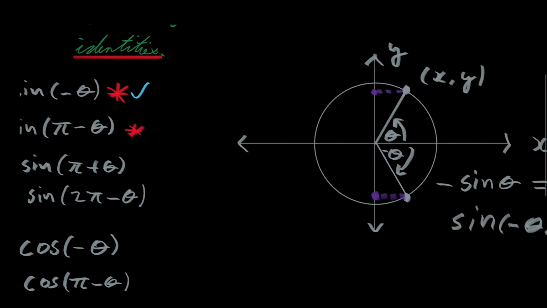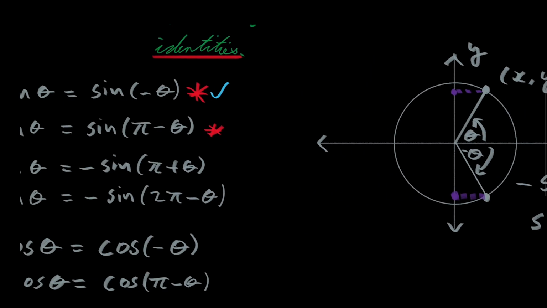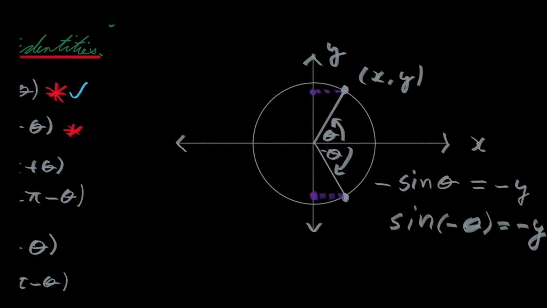All right, now let's consider this one. And we can work with the same diagram. Okay, so here's our angle theta. And what we are trying to show is that the sine of theta is equal to the sine of pi minus theta. Well, what would be an angle of pi? That would be if we went all the way around to this point here. If we started here and went like that, that angle there would be pi radians.